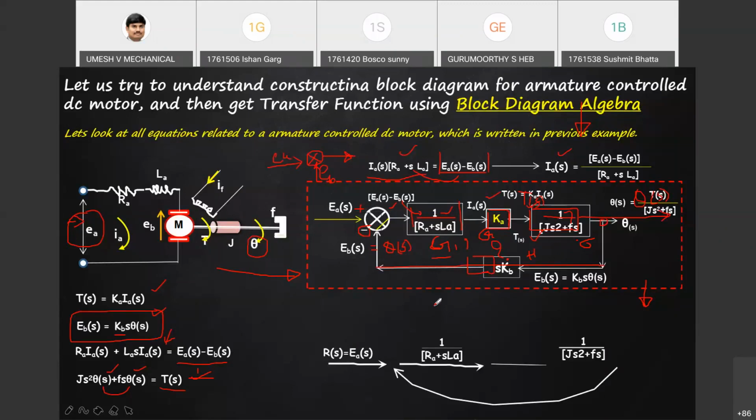So you have a block diagram represented like this. 1, 2, 3, 4 nodes are there. So this is node 1, this is node 2. And after this, you can just consider a node where the signal value changes.